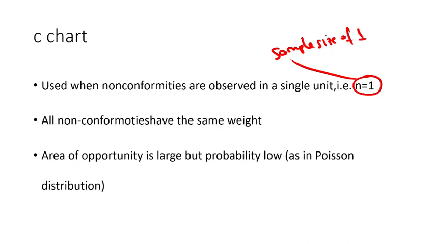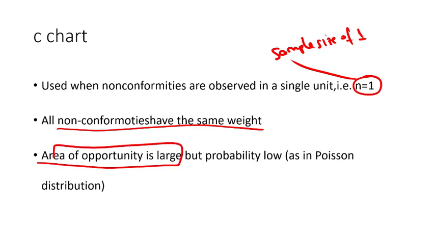So we will take only one sample size, and all non-conformities have the same weight. So we don't give, for example, different weight to indentation, different weight to dents, different weight to discoloration, whatever. All non-conformities have the same weight, and then area of opportunity is large, but the probability is low.